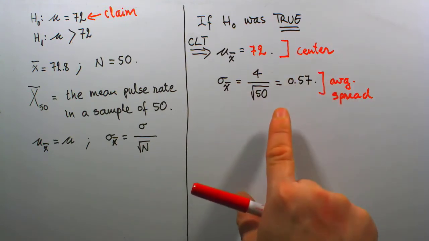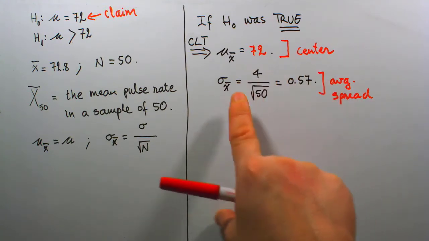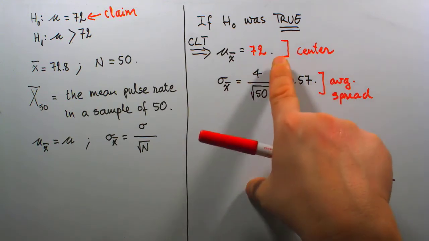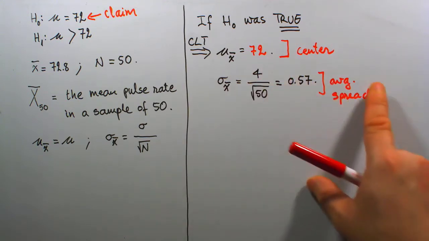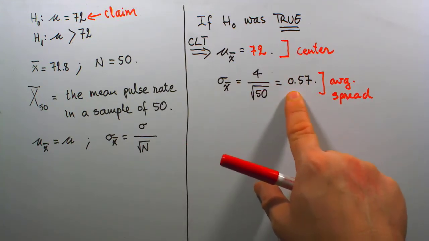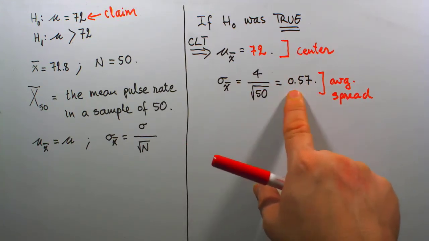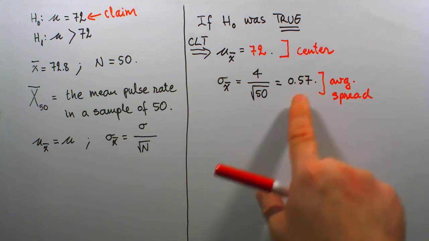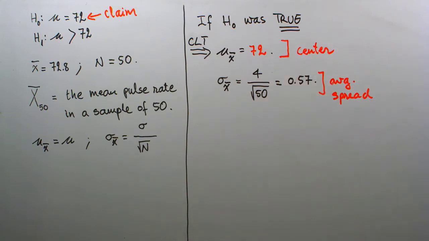Because recall again that sample mean values are spread away, making some difference away from the center. So on average, sample mean values are spread by 0.57, or are different from the center by 0.57 on average. And that's why it's called average spread.